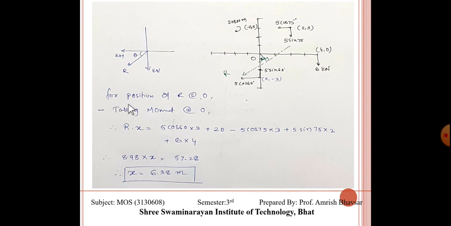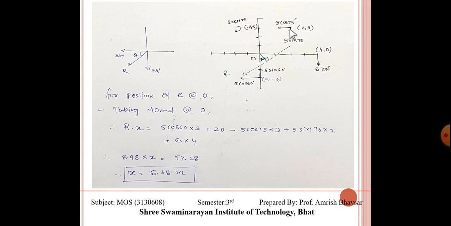So for the position of R about O, what happens? For that we have to take moment with the help of Varignon's principle. So this is clockwise moment, R into x is equal to 5 cos 60 into 3, this vertical distance 3. 20 is clockwise moment.